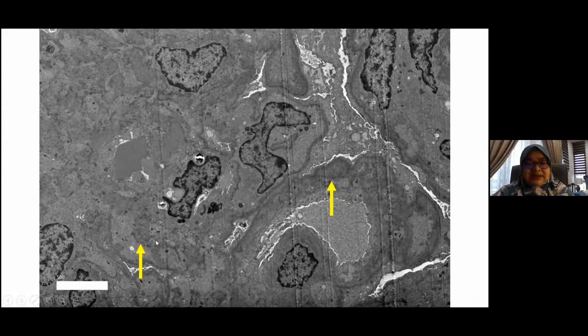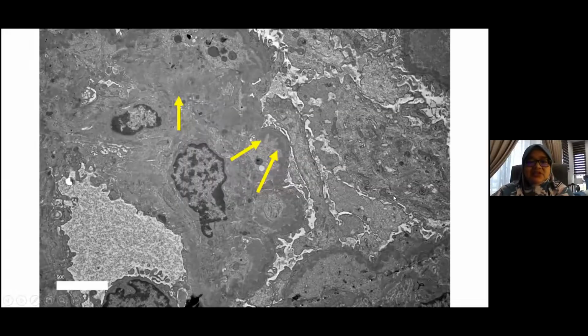In the subendothelial area. Okay, so this is not very clear to you, I think, at this stage. Okay, so we can also see some more depositions here as well. Okay, I'll show you better pictures. All right. So again, to orientate ourselves, this is the external surface. So these are the podocytes, which appear a bit swollen. Okay, so we can see some of the foot processes here.